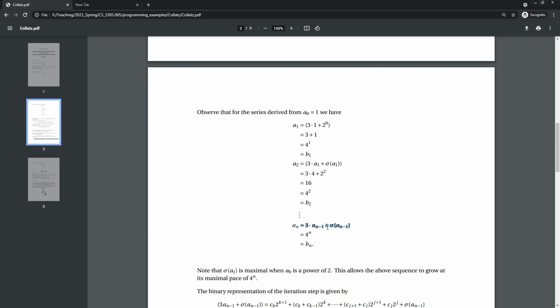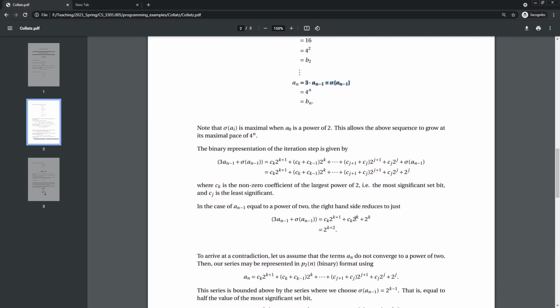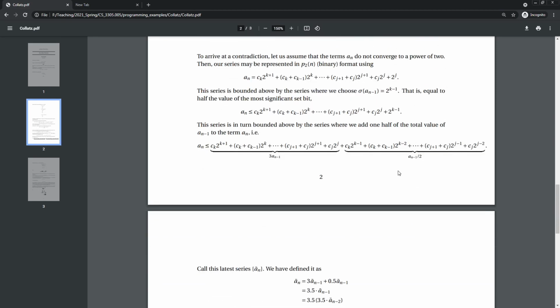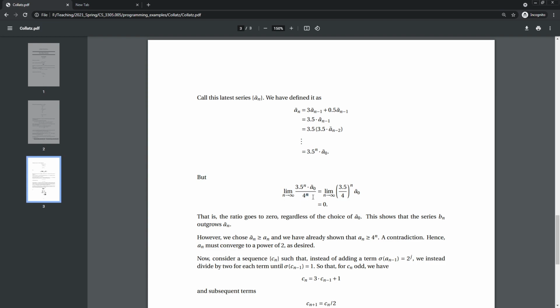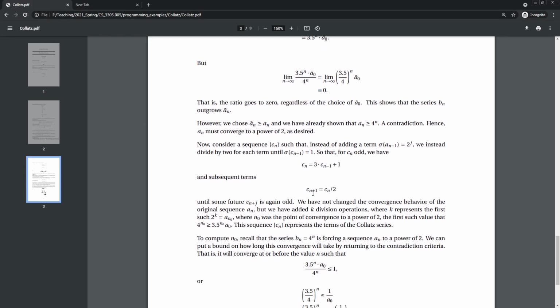So we're growing them using the same function, and this one supposedly outgrows it, but we're growing it by the same method, so we're always adding values which are smaller than this, but then we end up with a sequence which outgrows values which grow in that fashion, right? And so this contradiction, the fact that it's not possible for that to happen, so for the sequence to never converge to a power of 2, and because of that, we see that it has to.